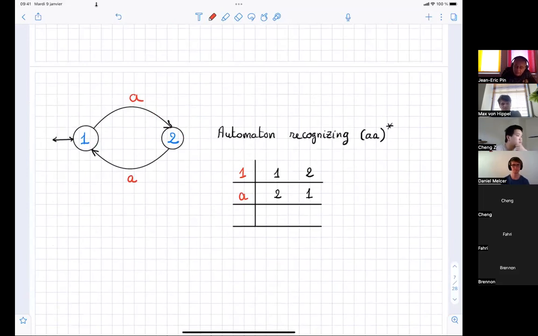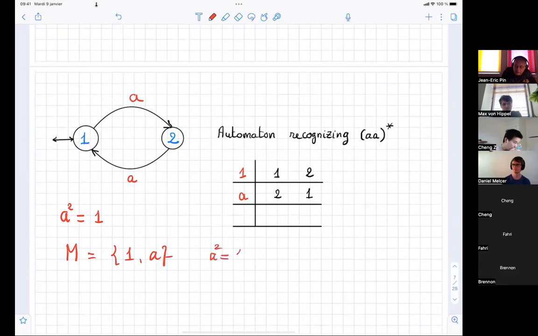Well, obviously, A squared is again the identity. If you start from 1, you arrive to 1, and if you start from 2, you arrive to 2. So in this case, you have a much simpler monoid, which has 2 elements with the relation A squared equals 1, yeah? And so this is just the group of order 2. Right?